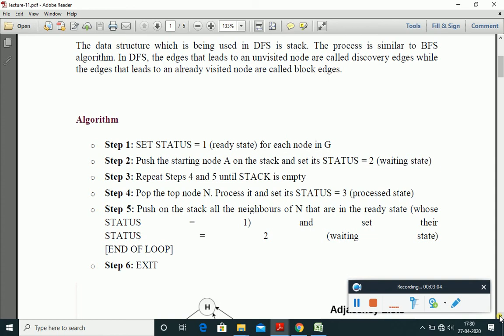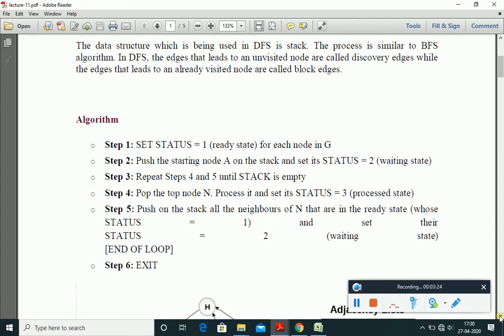Status equal to 2 means the vertex has been discovered. And when the vertex is out of the stack, we make its status equal to 3. It means the vertex has been finished. So by this approach we can achieve depth first search.